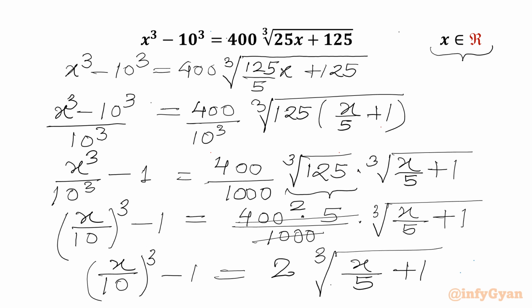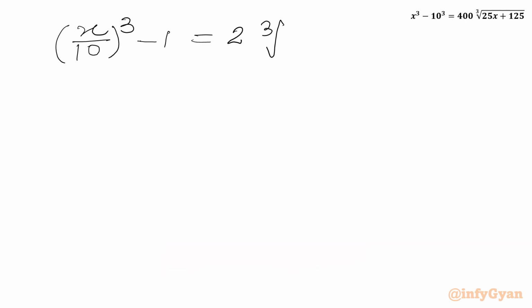Or we can write our equation as x over 10 whole cube minus 1 equal to 2 times cube root of x over 5. We can write 2x over 10. Then we have plus 1.